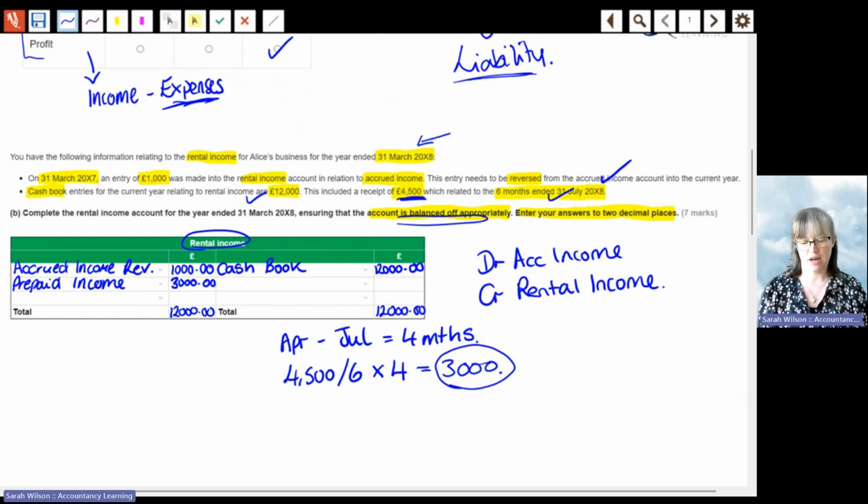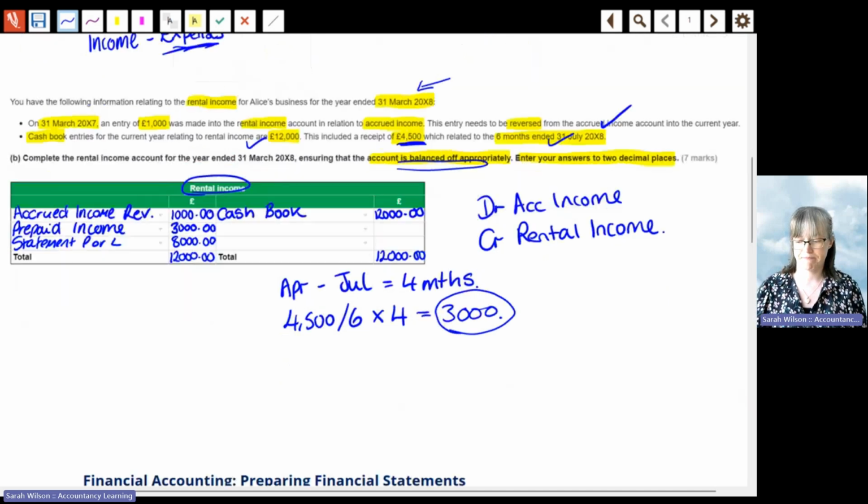So our balancing figure is 8,000. And that's the figure that, because we're working on the year-end accounts, gets transferred to the statement of profit or loss. And that question's completed.